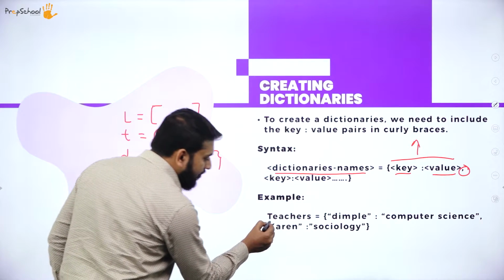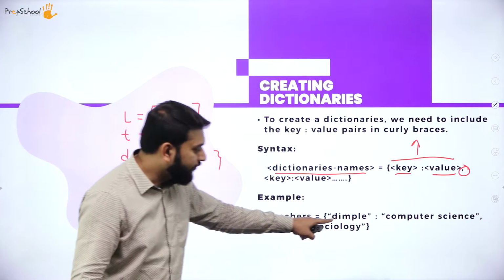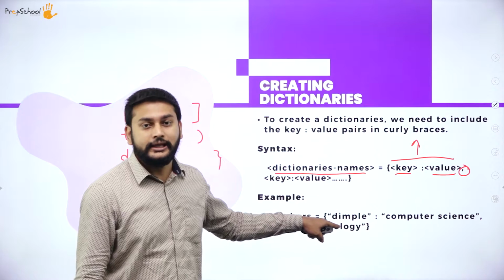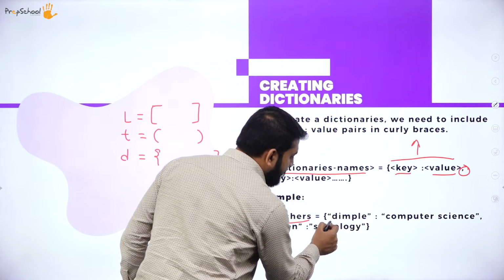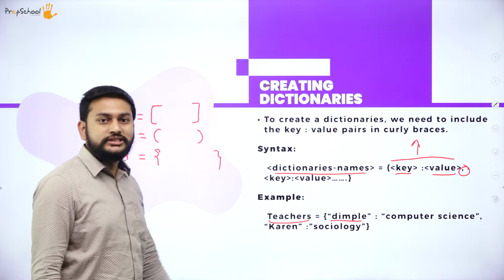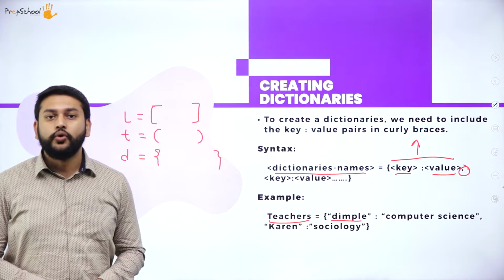Look here, the name of the dictionary is teachers. The first one, always, will be the key. Please understand, Dimple is the key. Since that is a string, I am enclosing it with quotes.